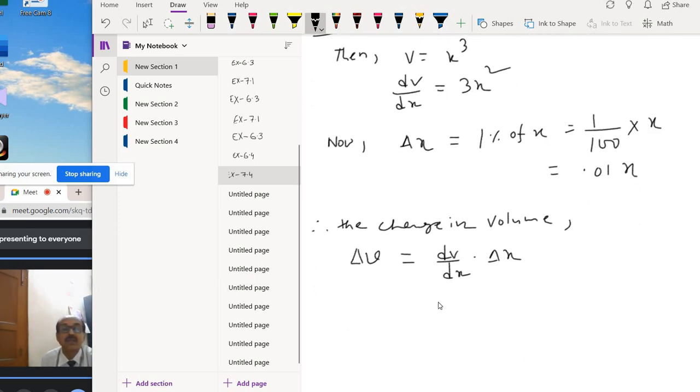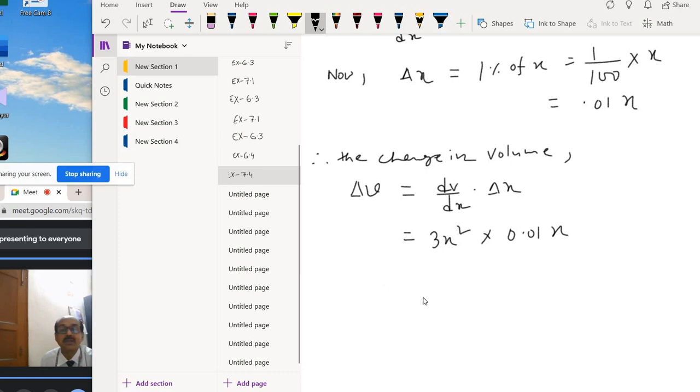So dV by dx equals 3x square, into 0.01x. Therefore delta V equals 3x cube into 0.01, that is 0.03 x cube, and the unit is meter cube.